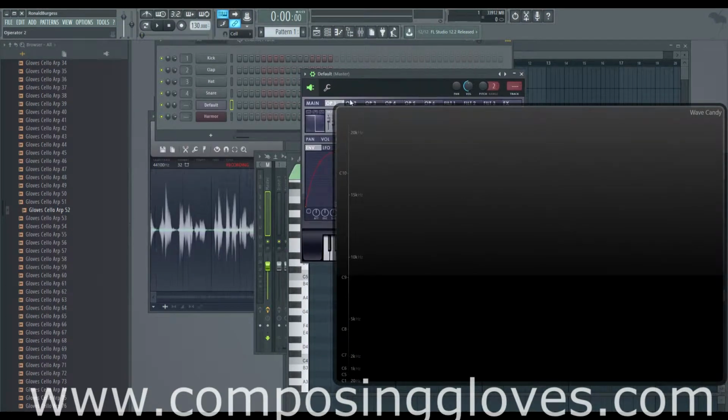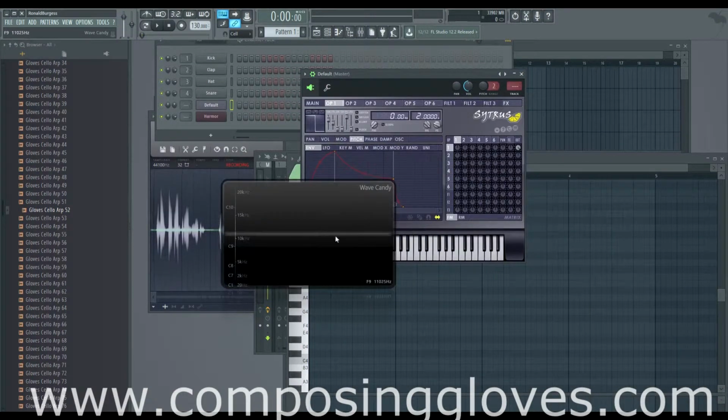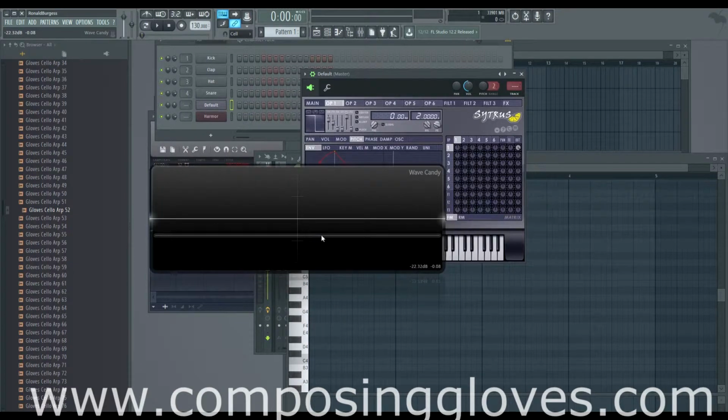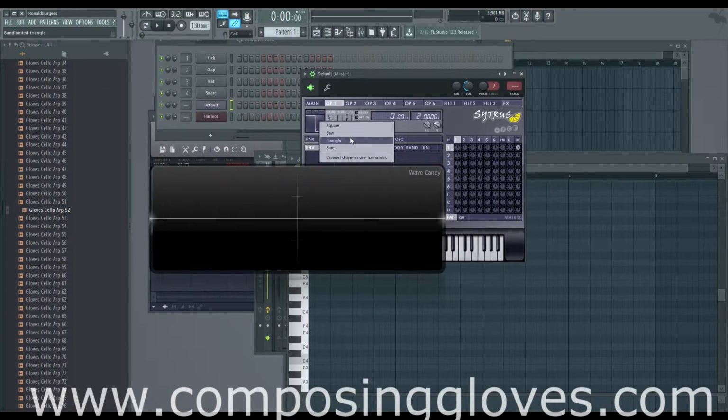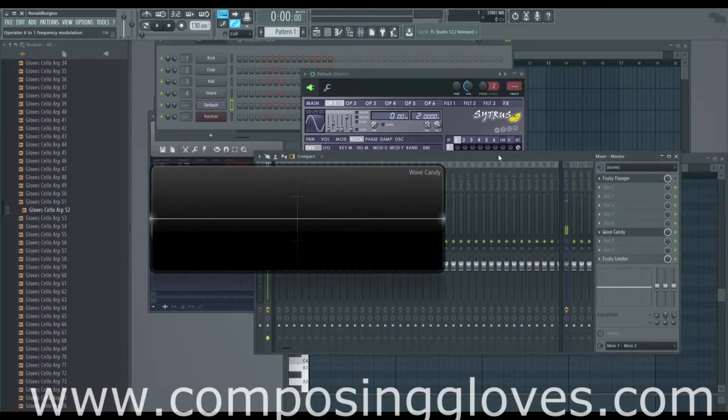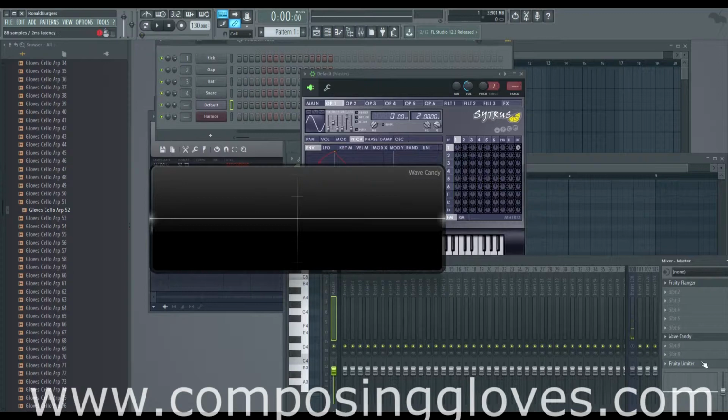So if we were to go to a waveform and look at our phase here for a second, you can see it starts at a particular phase. Let's go to a sine wave, and let me open up the controls to freeze this guy.